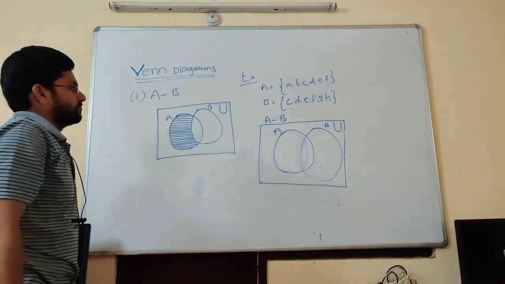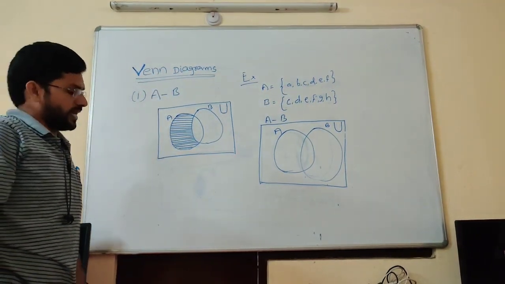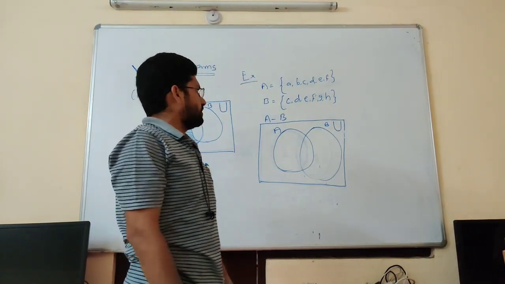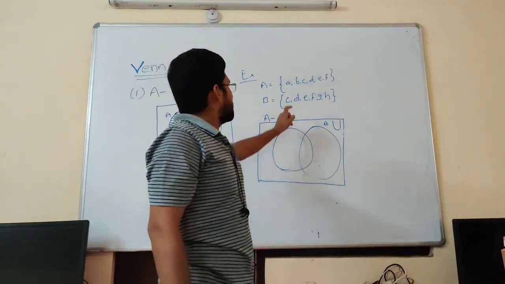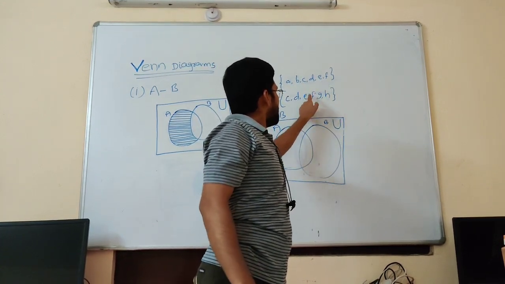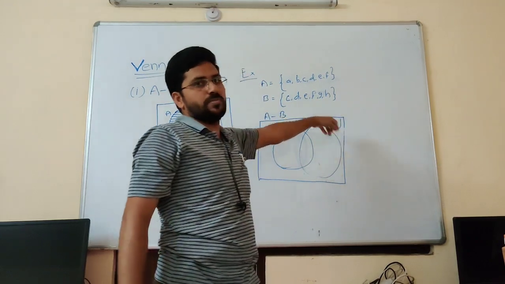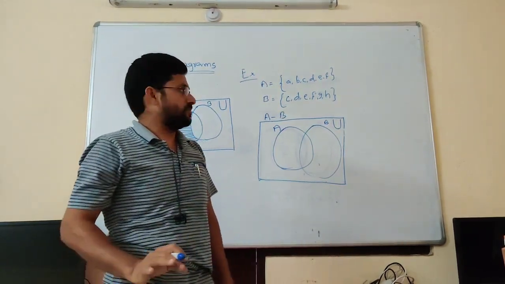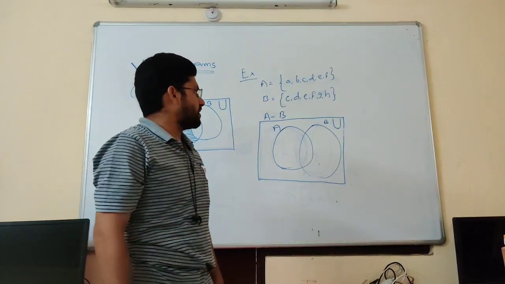Two sets are there. In these two sets, first of all, find out which are the common elements. Here, which are the common? C repeated, D repeated, E repeated, F also repeated. That means C, D, E, F are the common repeated elements in the two sets.